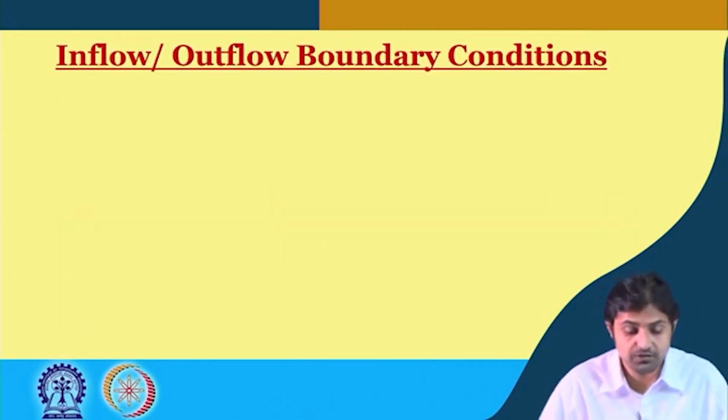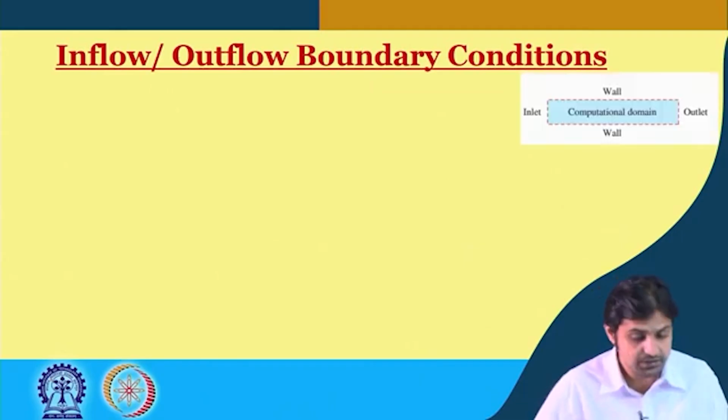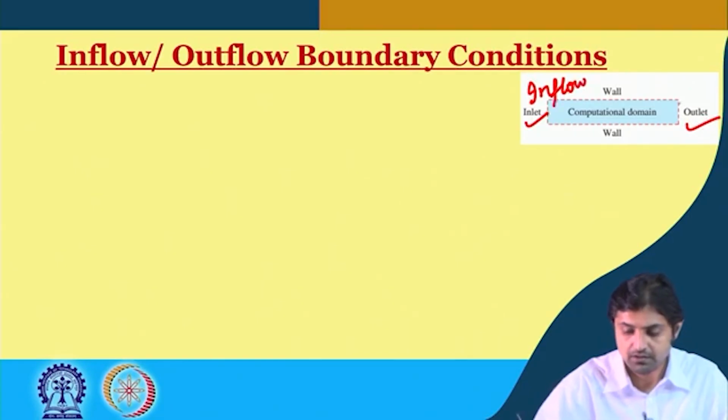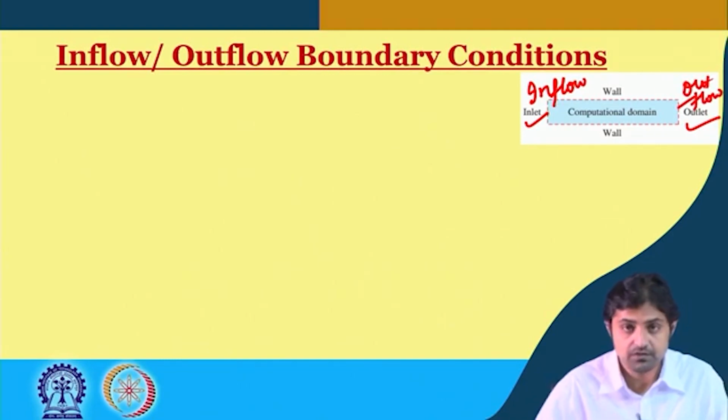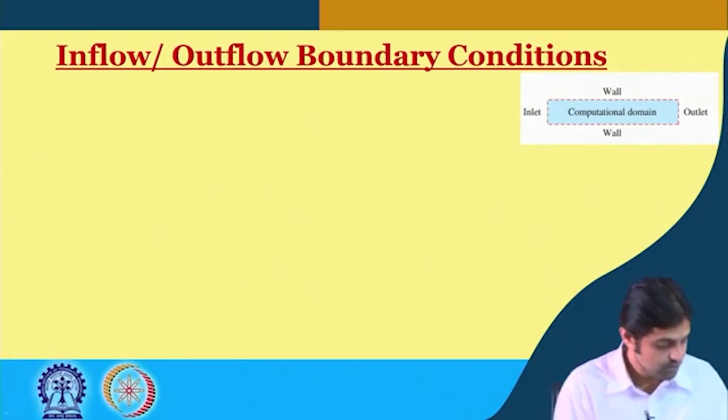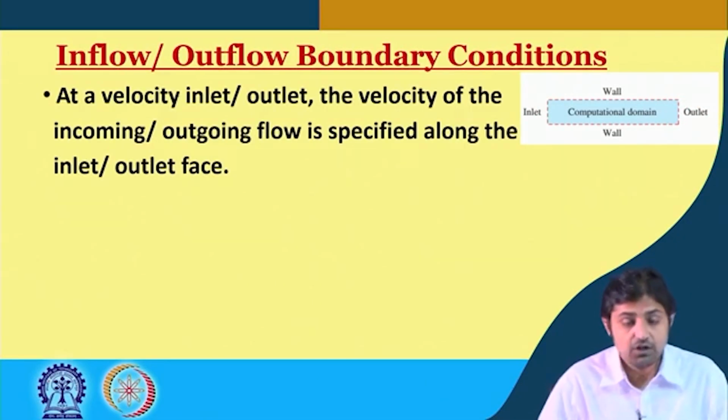Now talking about the inflow and the outflow boundary conditions. So, you see this is inlet, this is outlet. So, from here the inflow will be there and from here outflow will be there. In means coming in and out means going out. So, at a velocity inlet or outlet, the velocity of the incoming or outgoing flow is specified along the inlet or outlet face.